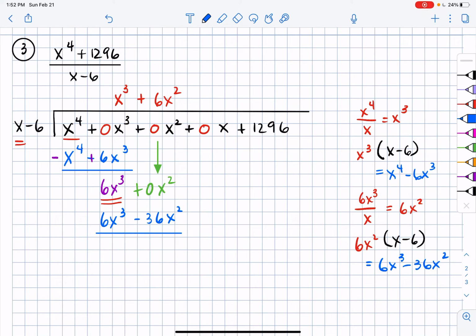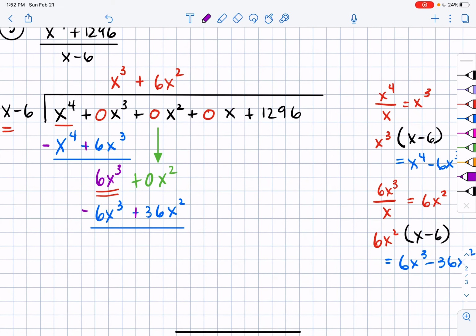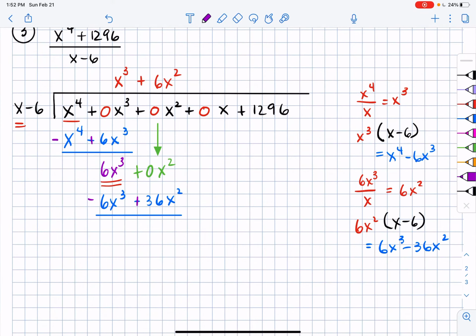That was the second step. The third step is to flip the signs. So what do I get? Positive 6x to the third minus 6x to the third goes to 0. 0 plus 36x squared gives me 36x squared.